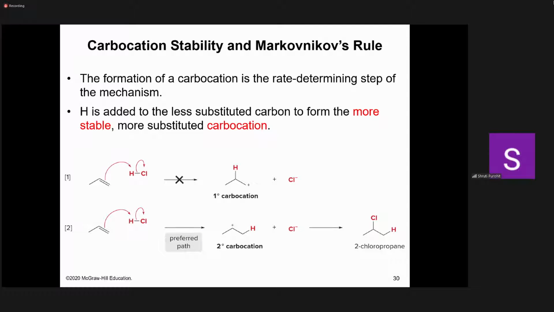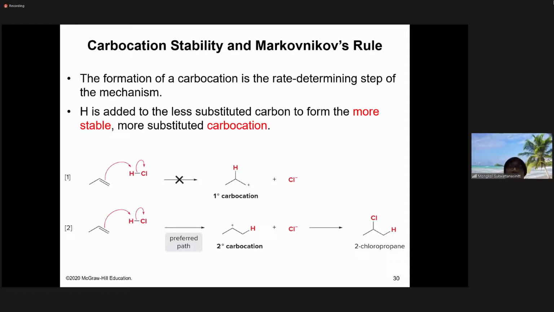Yes. Okay. So now the Markovnikov rule has been rationalized based on the carbocation stability. So from now on, when we talk about the Markovnikov product or Markovnikov rule, we'll look at the stability of the carbocation instead of the number of hydrogens on the carbon.